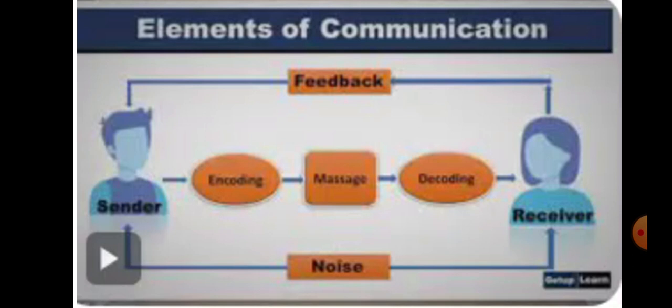Now you can see in the diagram, here one is the sender and one is the receiver. First, the sender sends the message. Before sending the message, he encodes the message, and after that, the receiver decodes the message.